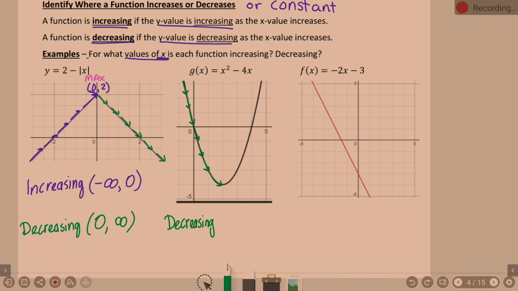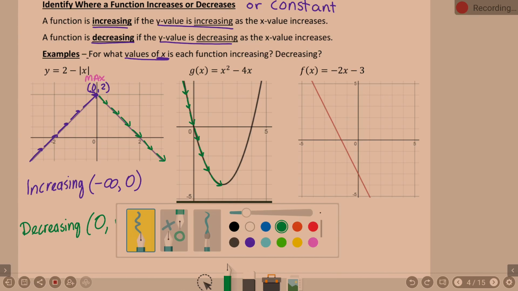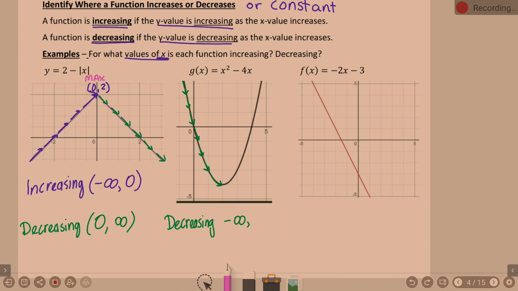Where does it start decreasing? How far left were we? Negative infinity. We were all the way left. So we were at negative infinity when we started decreasing. When are we going to stop decreasing? Two. 2? Yes? No?